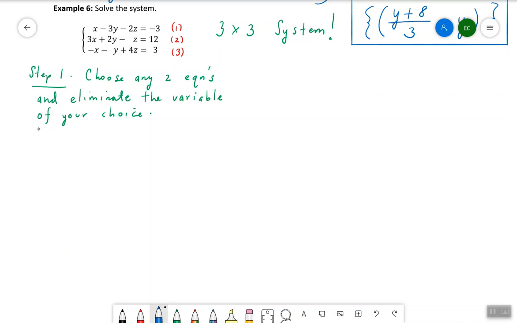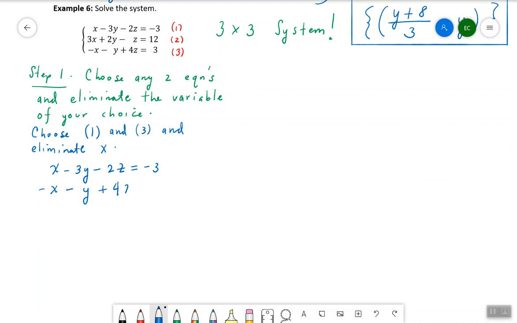So let's do that. Let's choose 1 and 3 and eliminate x. And so I'm going to take the time to copy the equations down before I add them together.